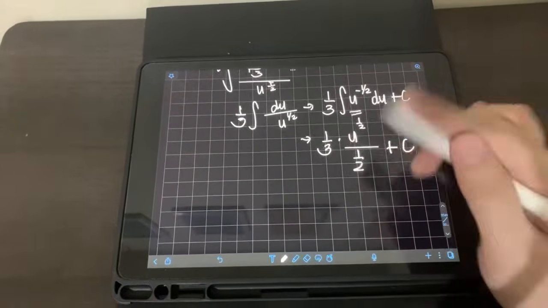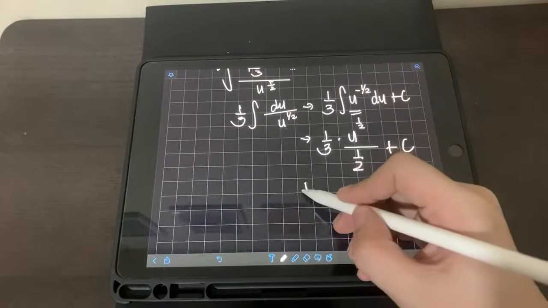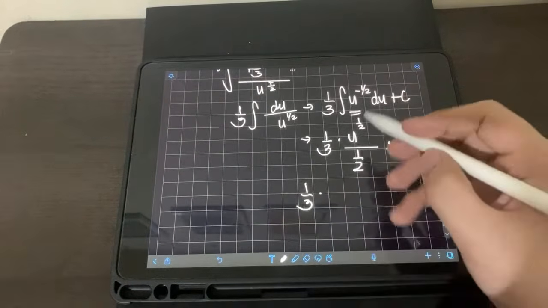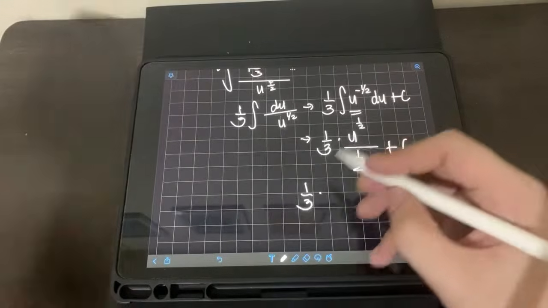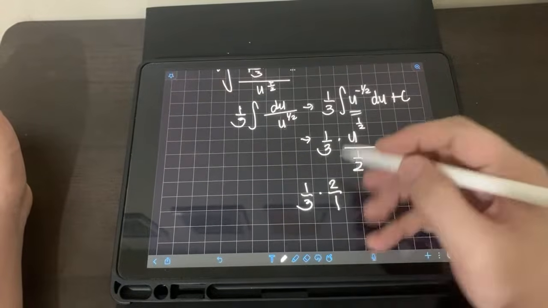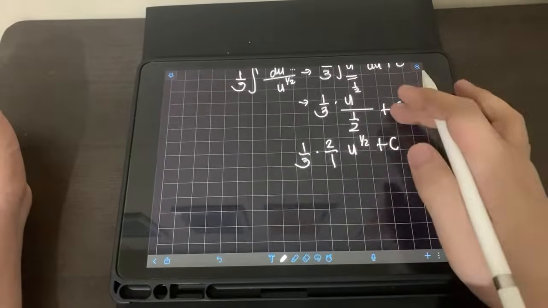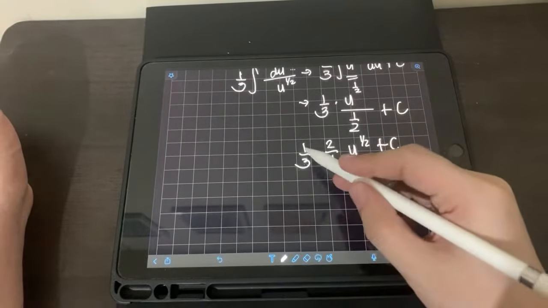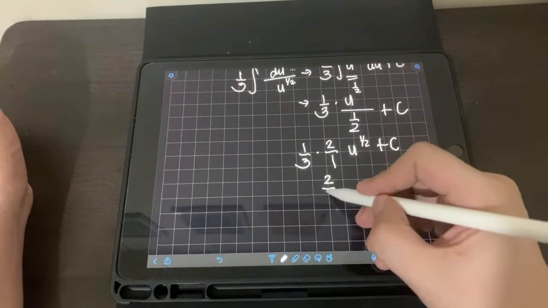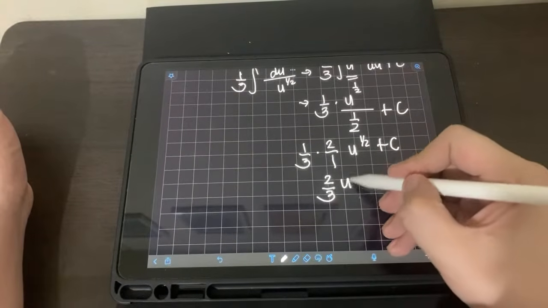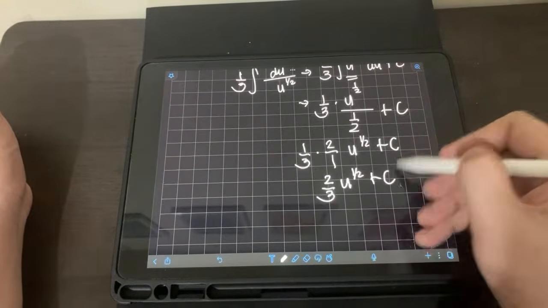And then, simplify the fraction. So, 1/3 times the reciprocal of 1/2, 2 over 1, u raised to 1/2 plus c. So, 1/3 times 2 over 1, 2/3, u raised to 1/2 plus c.